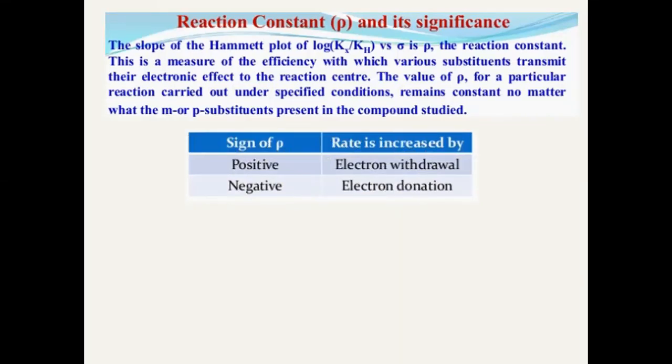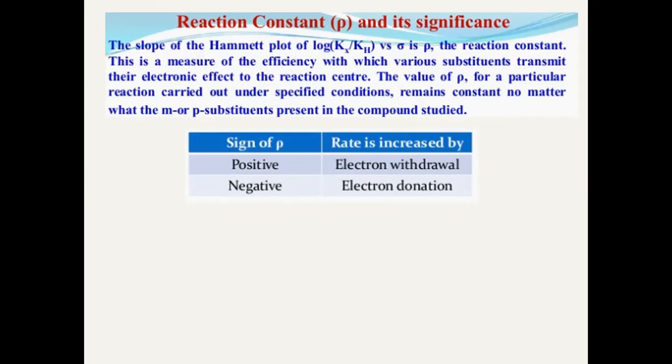Now, next important thing. If the rho is positive, electron withdrawing group increases the rate of reaction. So just opposite to sigma.